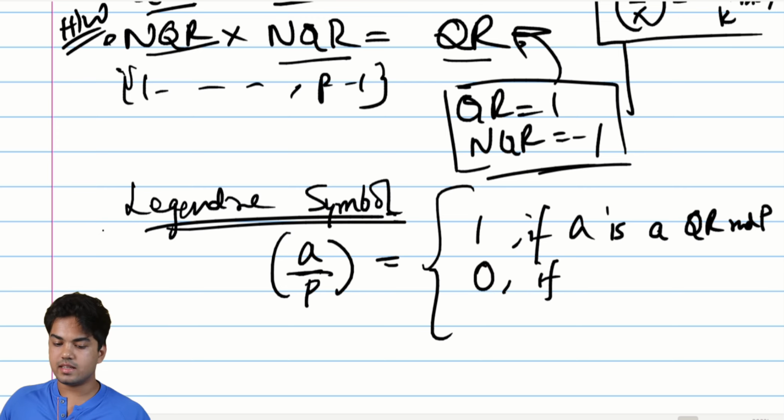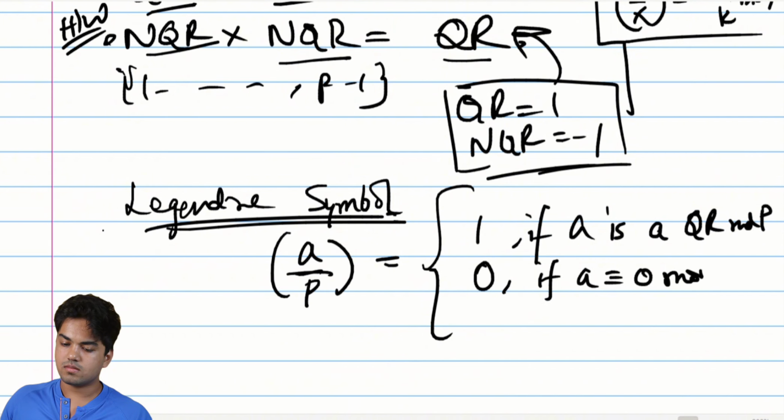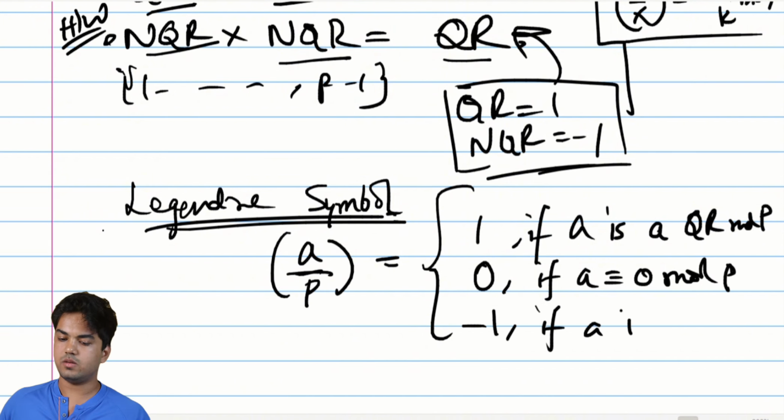It's 0 if A is 0 mod P, right? We don't want to mess with 0. And it's minus 1 if A is an NQR.